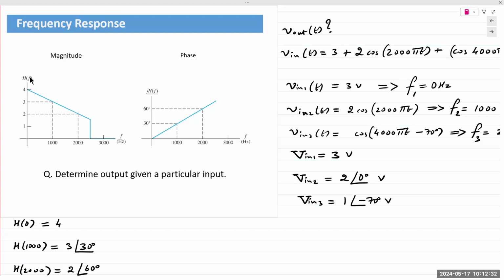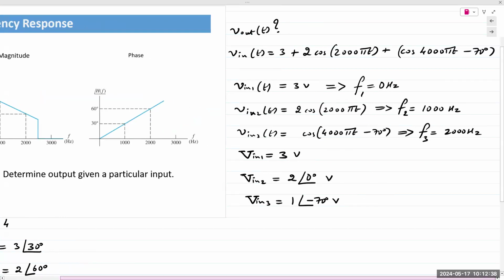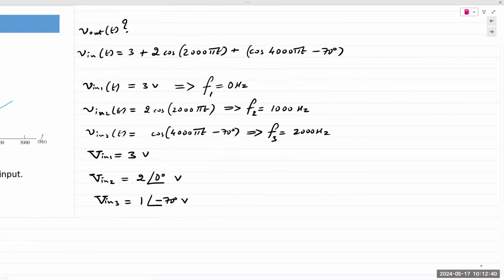Okay. So let's take a look at the input first. What do we see? There are three components to this input: V in 1, V in 2, and V in 3. If you think back to chapter 5, what is required if we need to add or subtract two or more sinusoidal functions?